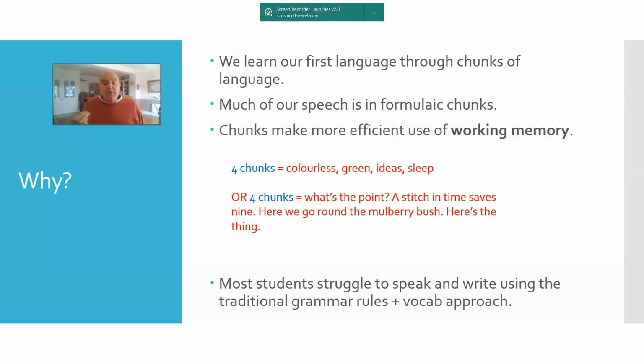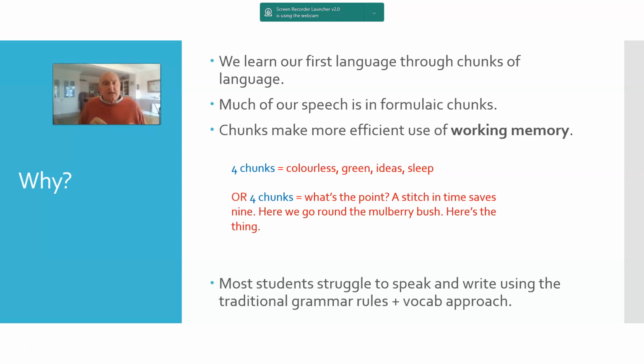And in fact, when you analyze people's use of their native language, much of our speech is in the form of formulaic chunks. It could be phrases like, here's the thing, what's my line, what's the point? It's a lot of groups of words that we tend to use together in collocations. Now that's the first thing to say.